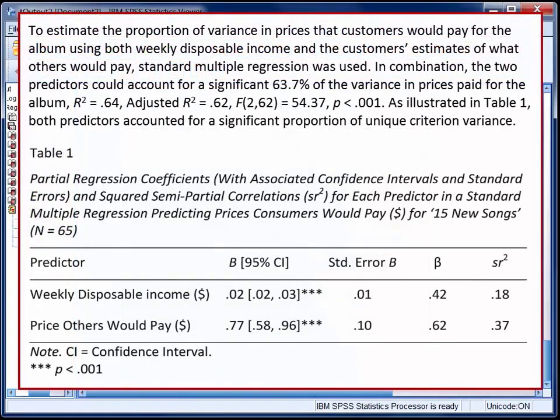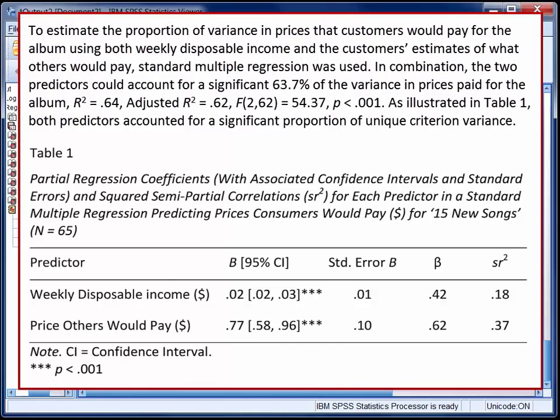So this is how you might summarize the results of these analyses. To estimate the proportion of variance in prices that customers would pay for the album using both weekly disposable income and customers' estimates of what others would pay, standard multiple regression was used. In combination, the 2 predictors could account for a significant 63.7% of the variance in prices paid for the album.